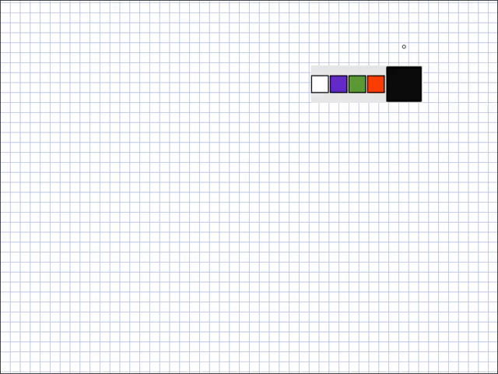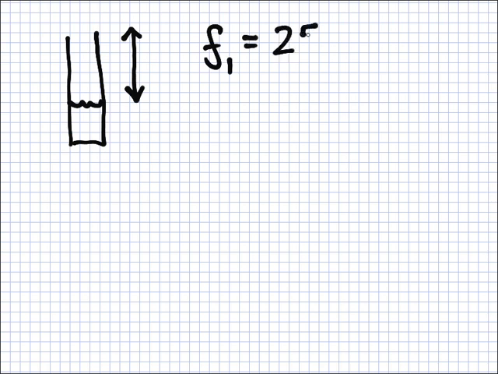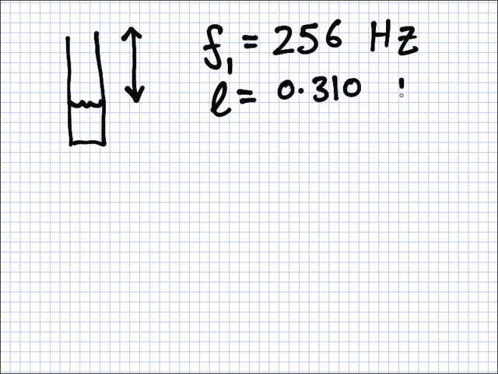Guys, please. Gina, can you read the question to me? A column of air contained in a vertical glass tube, partly filled with water and open at the top, is made to vibrate at its fundamental frequency of 256. This happens when the length of the column is 0.31 meters.